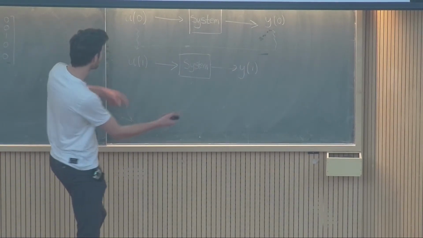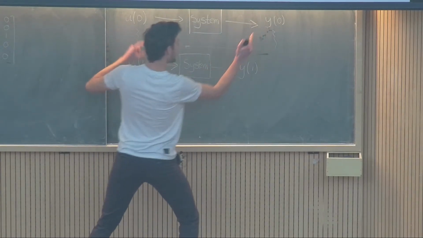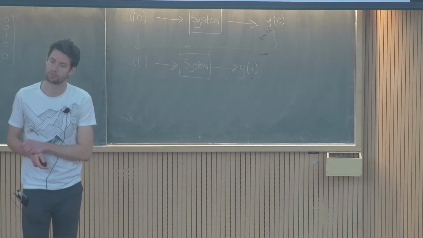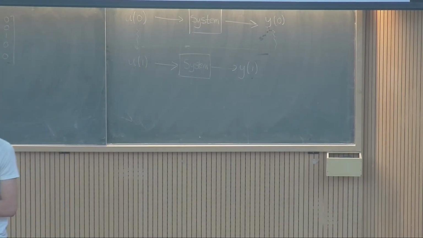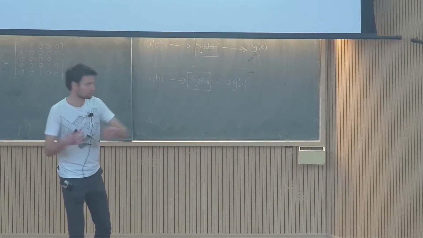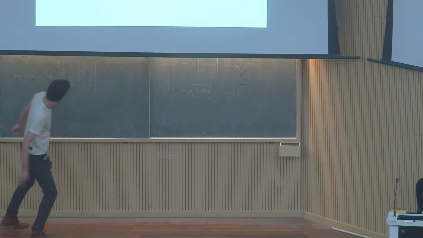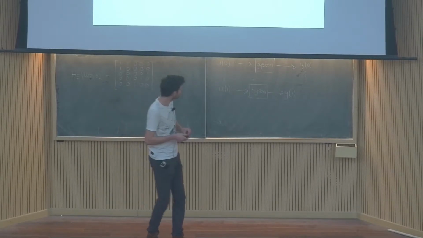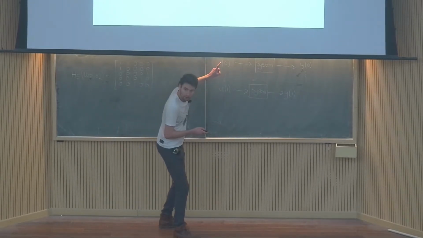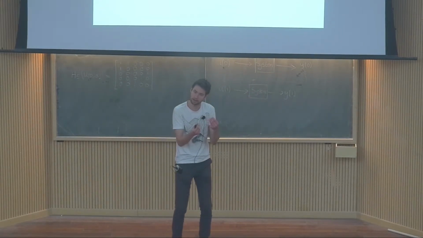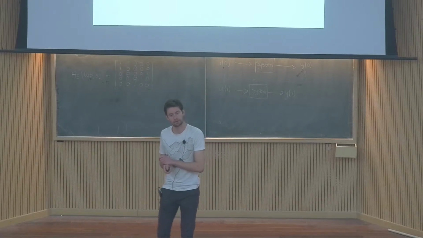Now I'm going to repeat the story, so I'm going to use U0, Y0, U1, and Y1 to generate the next input sample of my experiment, U2. And I continue doing that. That's what I mean by online. Instead of first finding this whole batch of inputs, 9 at a time, applying them to the system and getting the output, I just apply one input, get the output, and on the basis of that partial data, I generate my next input.